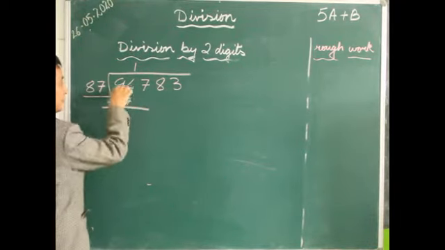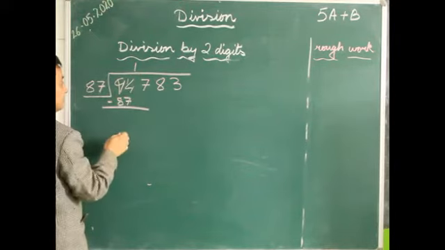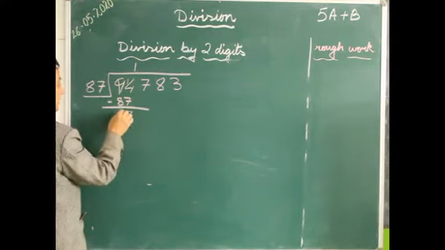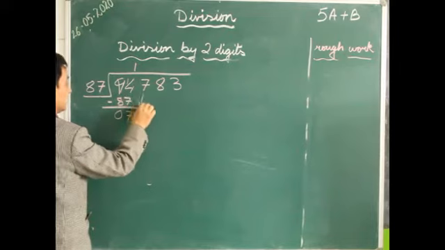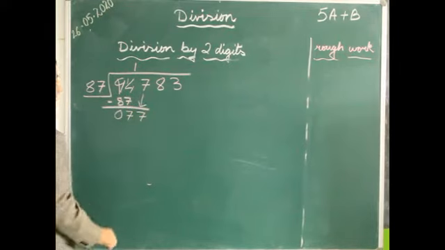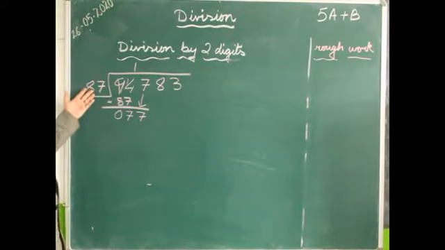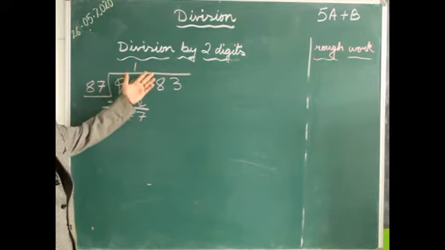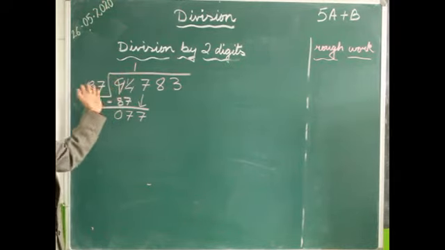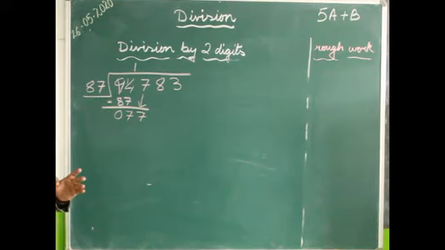Don't forget to borrow. 14 minus 7, 7. 8 minus 8, 0. Bring down 7. We have 77 here now. What should we do? It's a smaller number than the divisor. We could multiply, or there's some other way of doing it, but let's not do it that way because most of it gets mixed up.